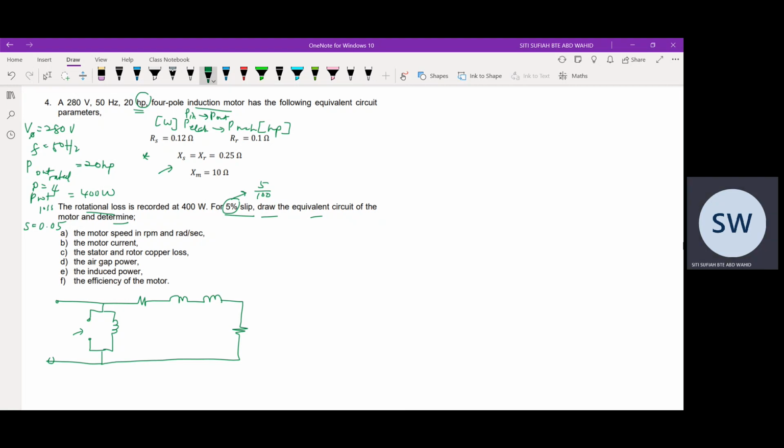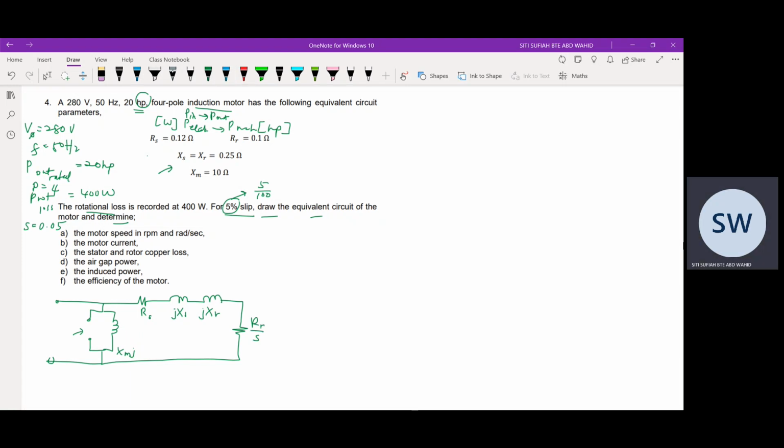We assume that RC is too large and becomes open circuit. So we are only left with XM, that is 10 j ohm. Then RS, jXS, jXR, RR over S.